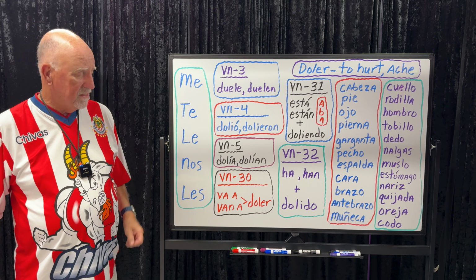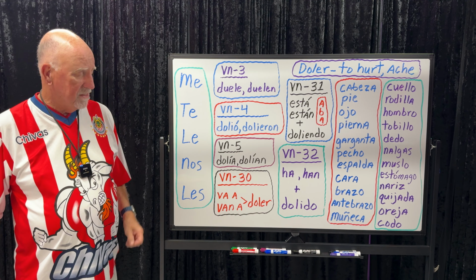Okay, what about the ABBA? That's not the Abba Zaba candy bar, and it's not the band. ABBA. You know ABBA is the imperfect ending for AR verbs. If you want to say estaba or go N factor estaban and say it was hurting, you could say it was hurting a lot. Me estaba doliendo mucho. So if you had this estaba, estaban, that would be imperfect, which would be a 5.